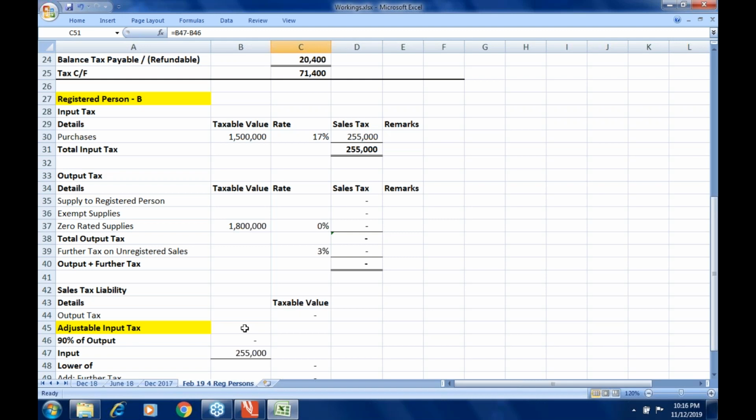The reason is, even if you make a mistake and that mistake is unfortunately carried forward to multiple things, like if you make a mistake in input tax, that mistake would be carried forward to the output tax working, and also the sales tax liability. So the examiner allows you credit with respect to it, so you don't have to worry about it. Minor mistakes are all admissible, all forgiven by the examiner.